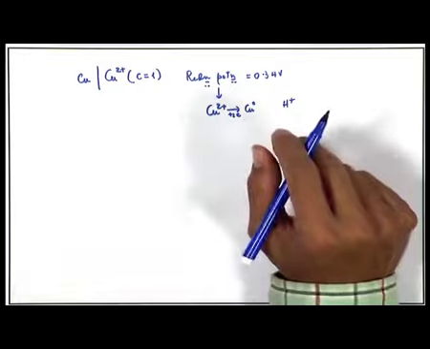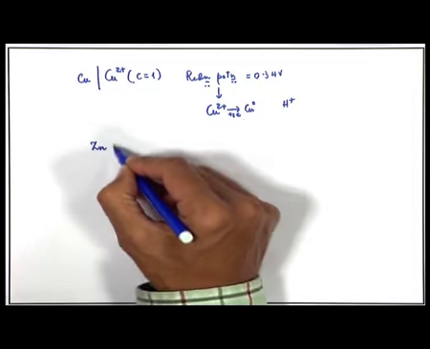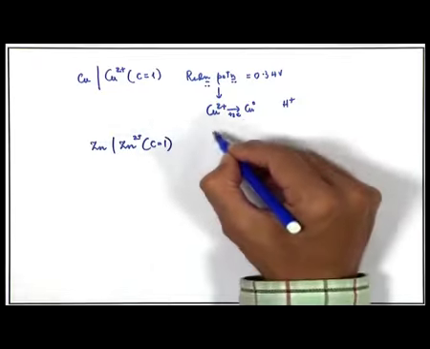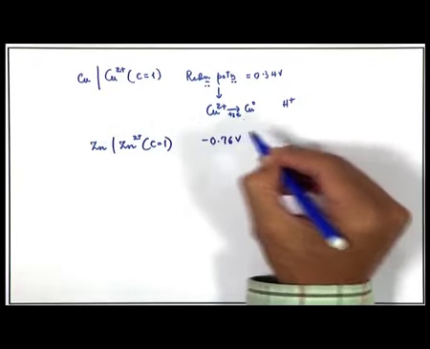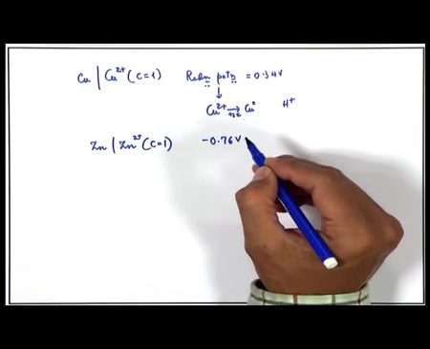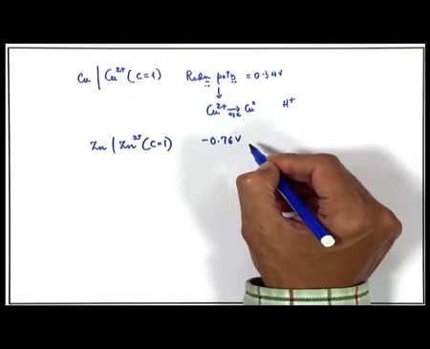Now in the other case, the negative reduction potential for the zinc system, Zn2+ with concentration equal to 1, is minus 0.76 volt. It indicates that H+ ion can oxidize zinc to Zn2+, or zinc can reduce H+ to H2.